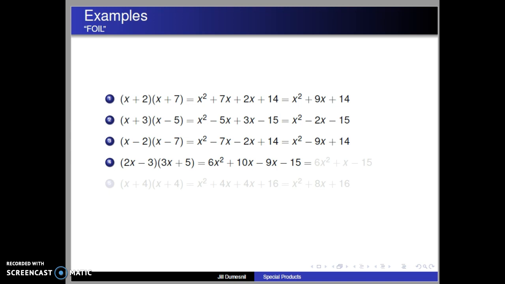Then we collect like terms to simplify to 6x squared plus x minus 15.